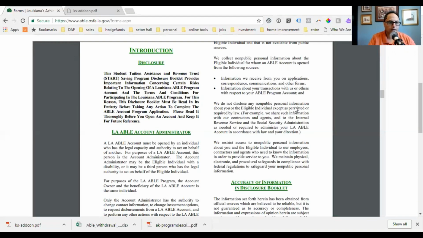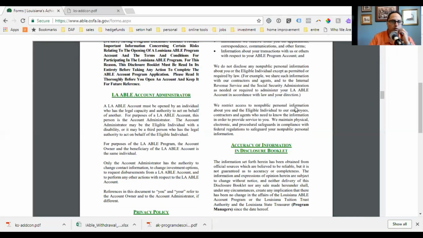Okay, the program disclosure: an account must be opened by an individual who has the legal capacity and authority to act on behalf of another. Could also be the individual him or herself. Right, for the purpose of the LA ABLE account, this person is the account administrator. So that's the language that we saw before about the administrator, right?